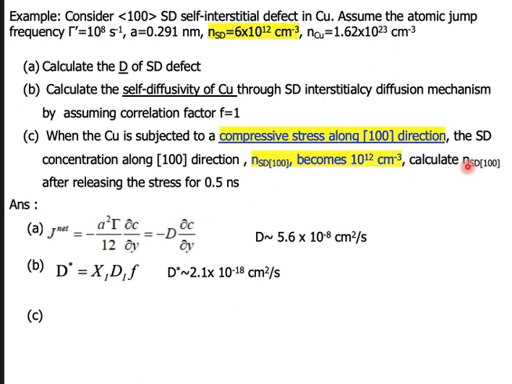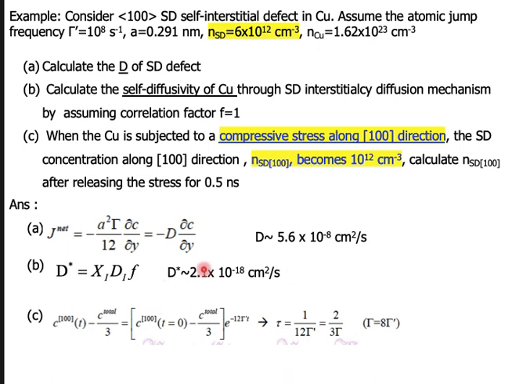And I asked you to calculate the concentration of SD defect along 100 after releasing this compressive stress for 0.5 nanoseconds. So you need to formulate the concentration as a function of time, then put all the information inside, then you can get the concentration of this 100 SD defect after releasing the compressive stress for 0.5 nanoseconds.